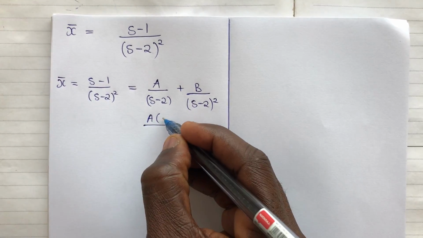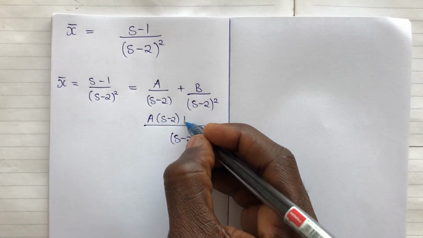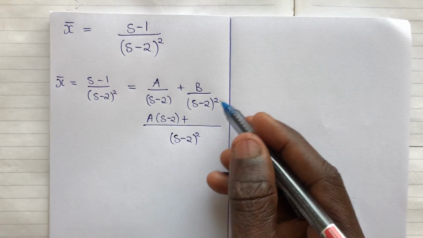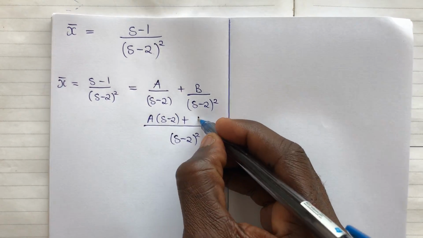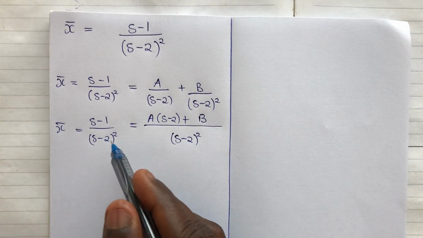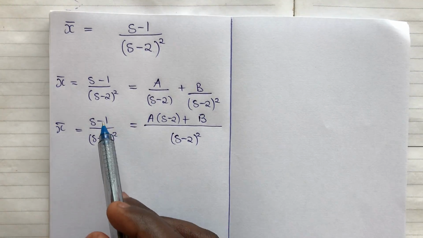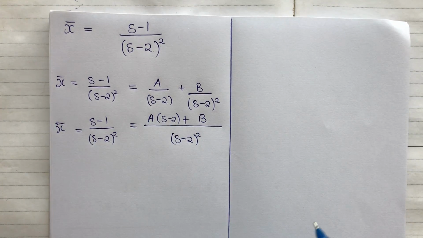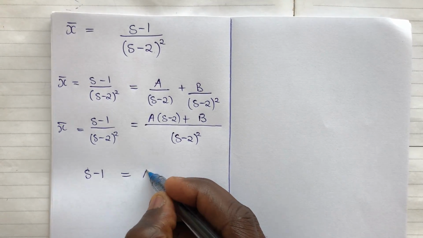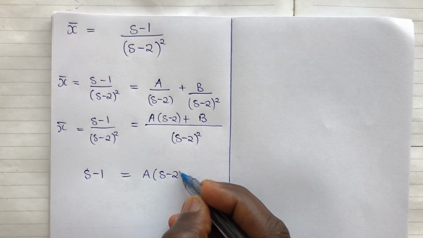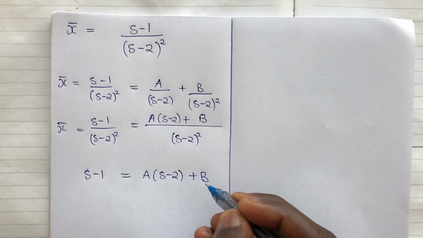So we have a into bracket s minus 2 plus this and this are the same. They will cancel. We are left with b. So 1 times b will give us what? B. Now, because the denominators are the same, partial fraction says that equate the numerators. So equating the numerators, we have s minus 1 giving us a into s minus 2 plus b.